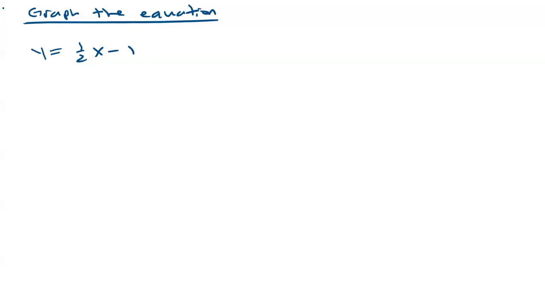It doesn't tell us which table they want. So again, I prefer doing the vertical table, but it's up to you. So I have my X and then I have my Y table. And this time I'm going to give myself more space.